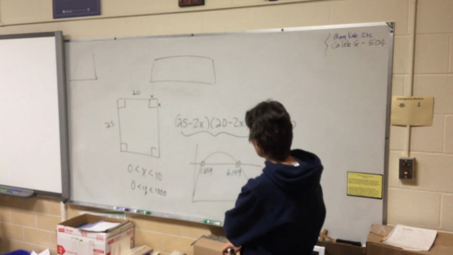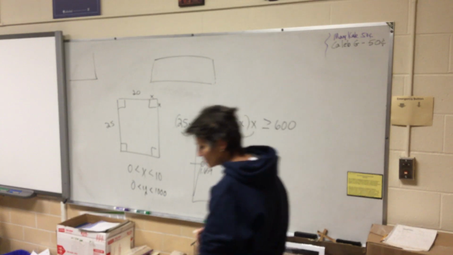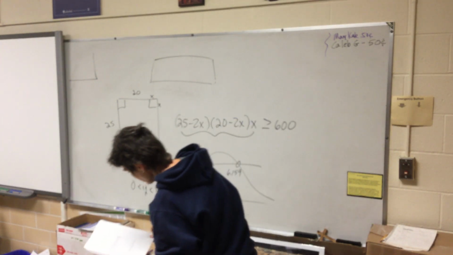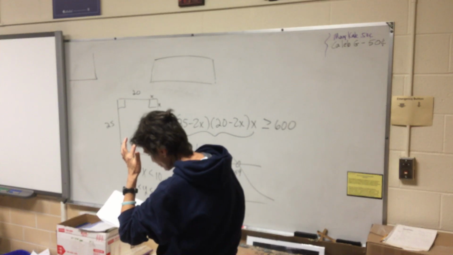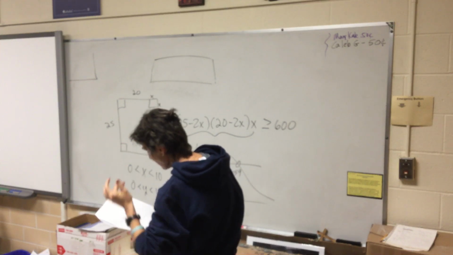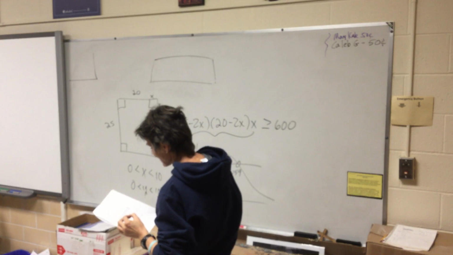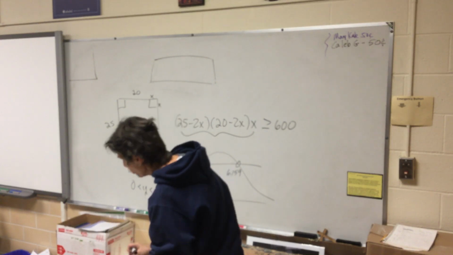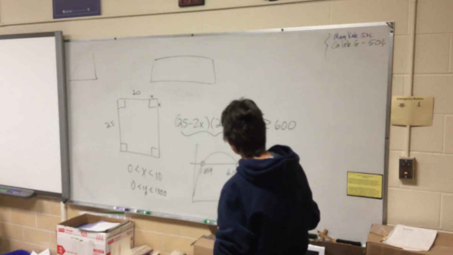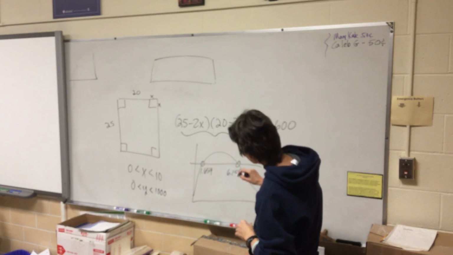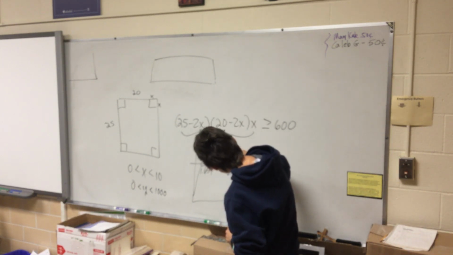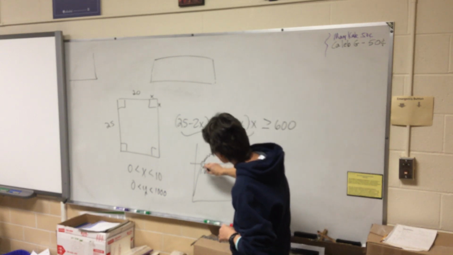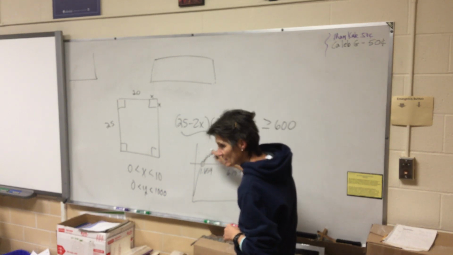All right. Now, I want to make sure I answer the question, though. Squares are to be cut from the corners to make an open box with a volume of at least 600. So what size squares should be cut from here? Would you agree that all of this part of the graph is bigger than or equal to 600?